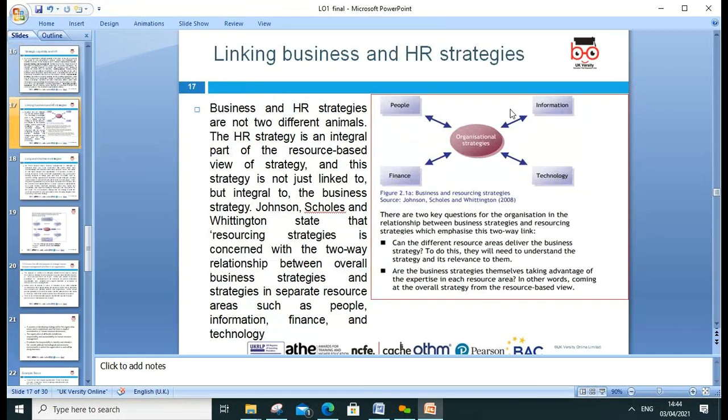Okay, next we have the area of linking business and HR strategy: people, finance, information technology. We need to link with all of them. Say we are introducing a new IT system. What do you think the effect will be on HR?